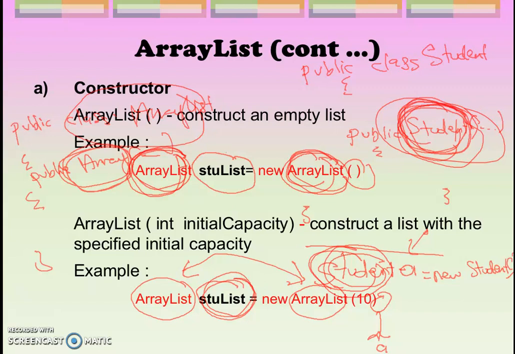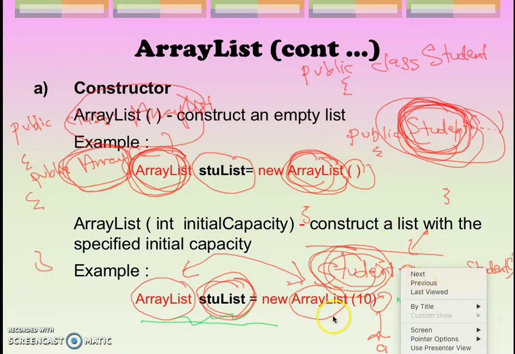Okay, for example, we just created an array list name as list. So, macam mana dia akan create? So, dia akan create list.